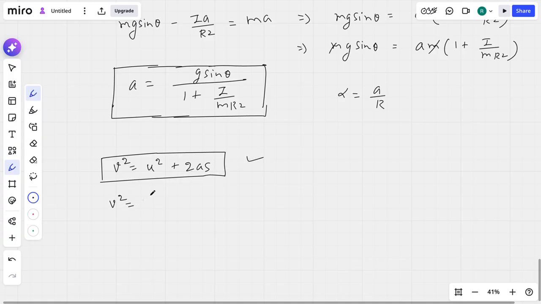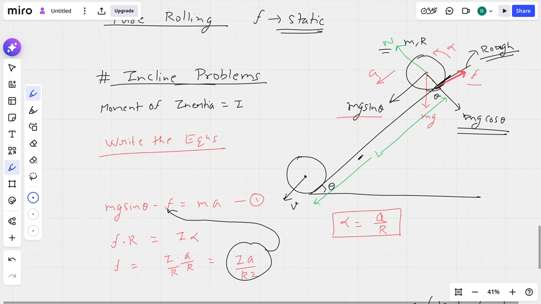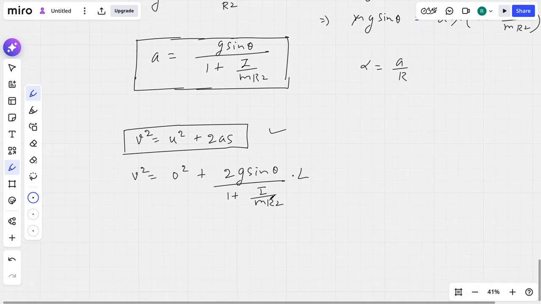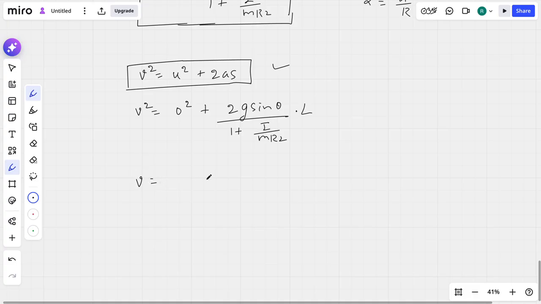So v square equals initial speed 0 square plus 2 times the acceleration we found, g sin theta by 1 plus I by mR square, into s, where displacement is the length of the incline, L. So our final velocity is root under 2gL sin theta by 1 plus I by mR square.